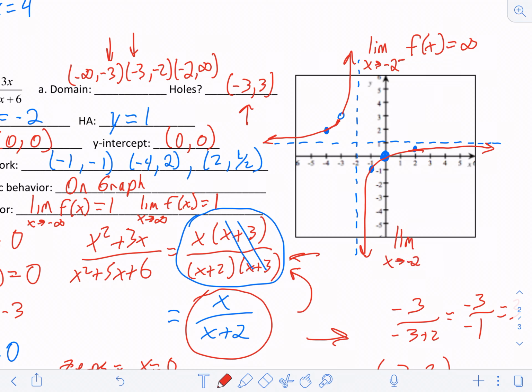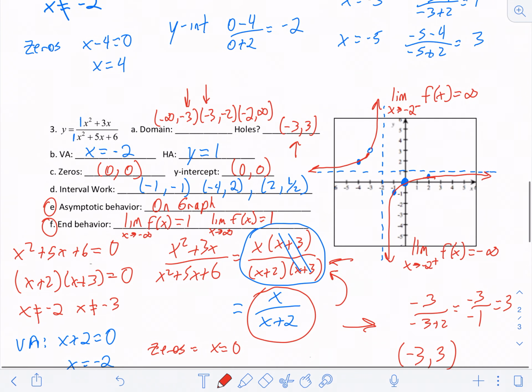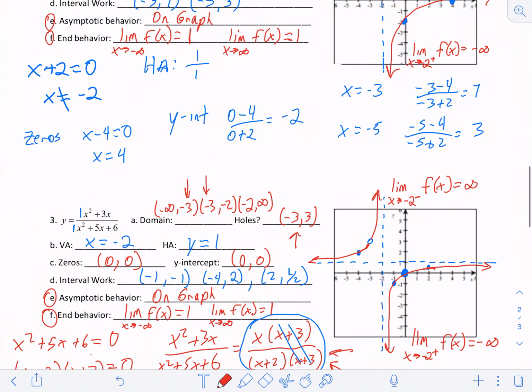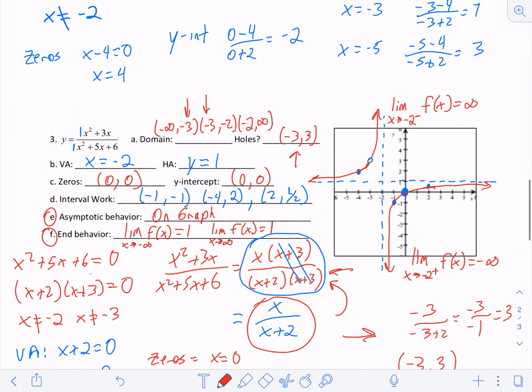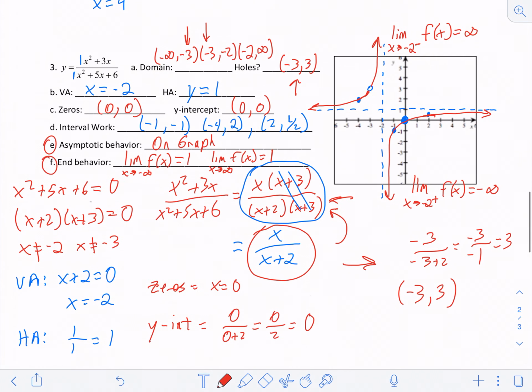And then down here, the limit as x approaches -2 from the right-hand side of f of x, that's going to be negative infinity because my graph's going down to negative infinity. And that's very similar to what we just saw in the other graph as well.